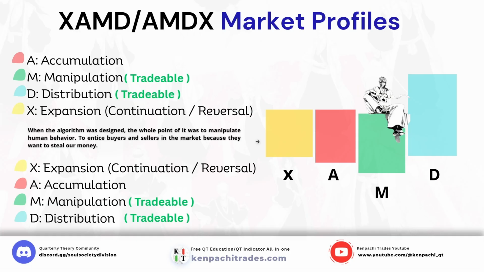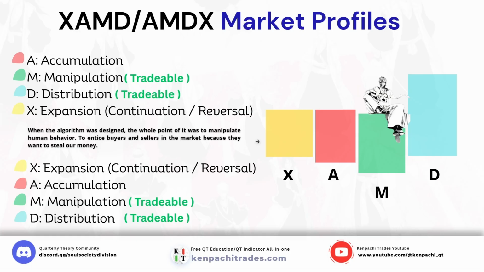This is the algorithm trapping retail traders. D, Distribution. This is the real move. After the manipulation is done, price aggressively expands towards a drawing on liquidity. X, Expansion. This is either a continuation or a reversal of the previous cycle.